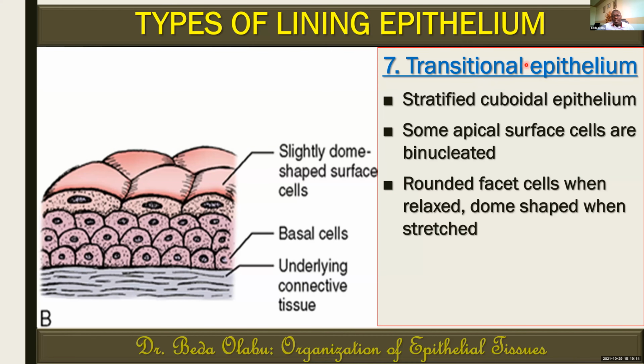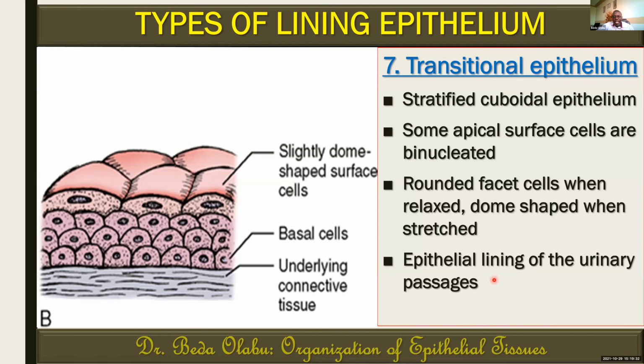So the naming is based on the fact that some parameters of the epithelium change. The number of cell layers changes. The shape of the cells on top also changes. Transitional epithelium is the epithelial lining of the urinary passages.